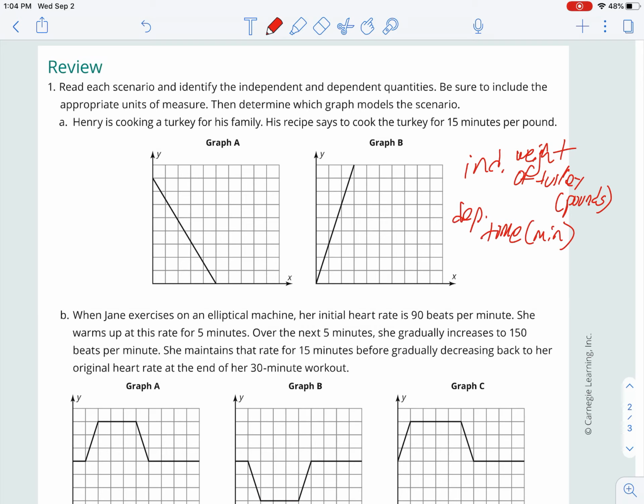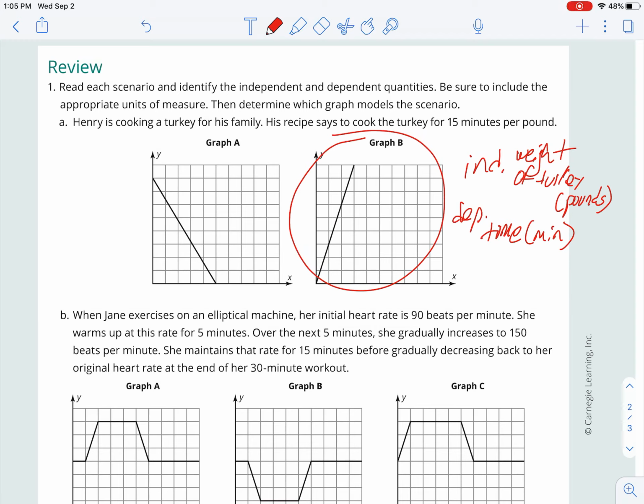So let's think about this then. The independent is the weight of the turkey, and the dependent is the time it's going to take to cook the turkey. So if it's got a higher weight, it's got to have a higher time. If it's got a lower weight, it's going to be lower time. And as you increase the weight, as I was just saying, the time should increase. So the one that matches up is going to be graph B, okay?